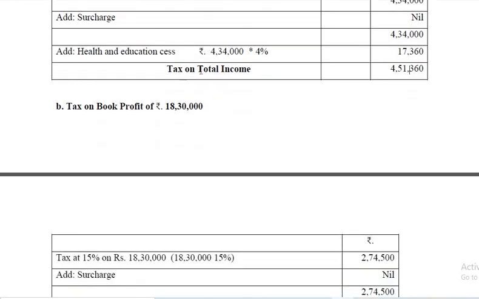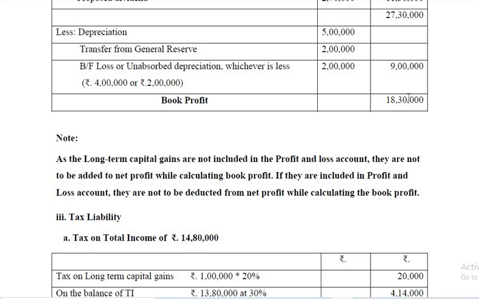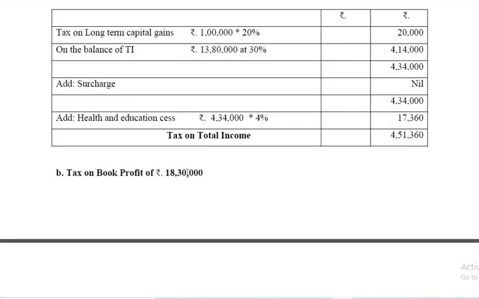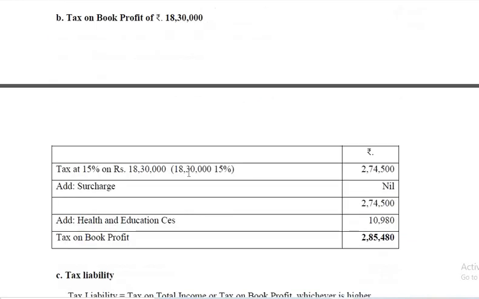Alright, so we have calculated the tax on total income. We will calculate the tax on book profit. Book profit is 18,30,000, so the same thing is brought down here. On that, the tax rate is 15%. In some textbooks it is given as 18.5, but for the assessment year 2020-21, it is 15%.